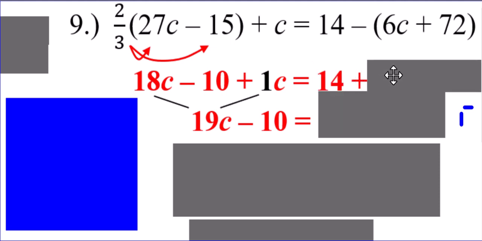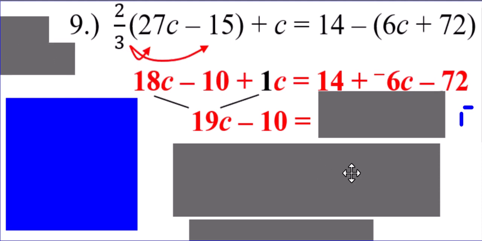You're going to add by the additive inverse. So instead of 6c, it's going to be negative 6c. And instead of being plus 72, it's going to be minus 72. Now, you could also make that plus negative 72, because subtraction is the same as adding the opposite.